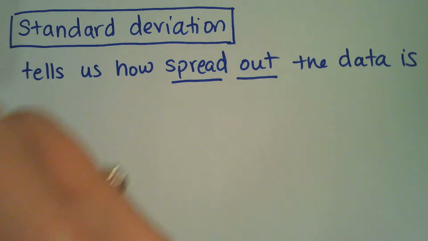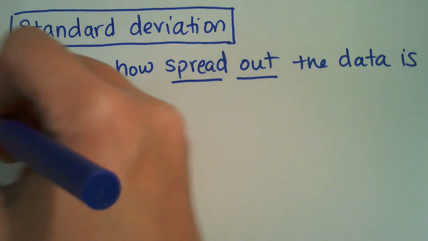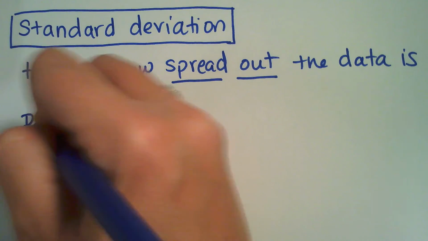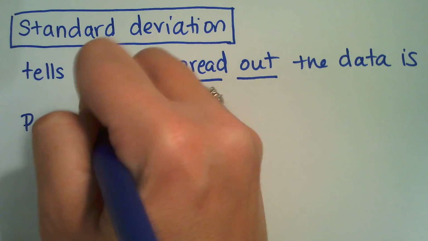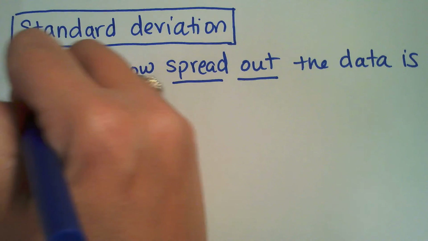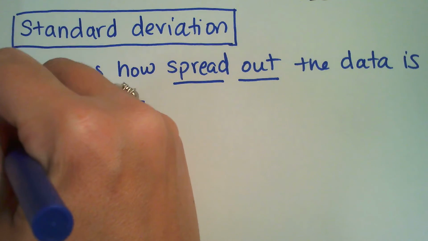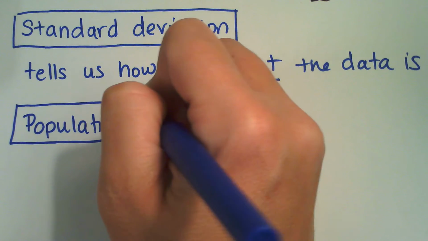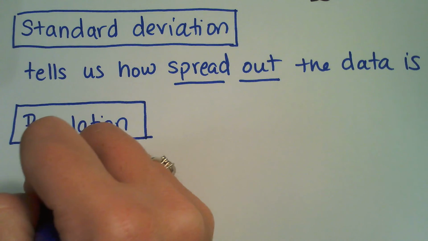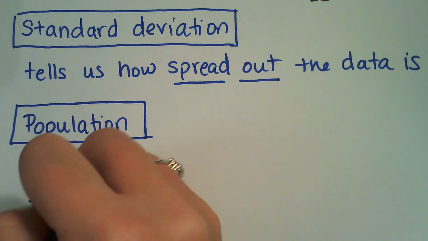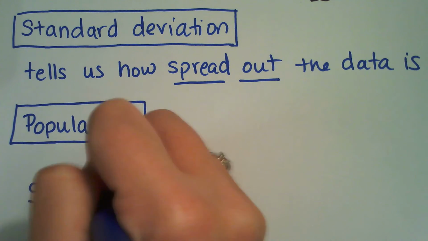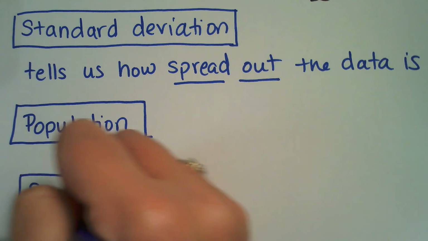But what we are going to be looking for are 2 different things: population standard deviation and sample standard deviation.